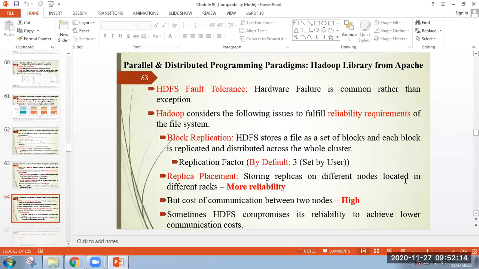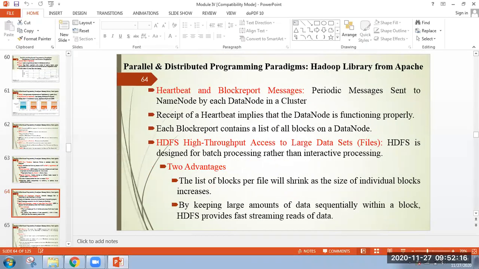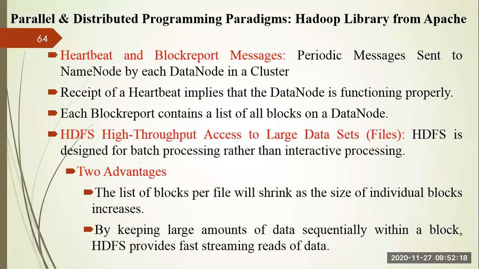The next one is to check whether a particular system is live or is not connected to the main node. For this we have a heartbeat message. The heartbeat message is periodically sent by the name node to the data node in order to know whether the data node is live or not.